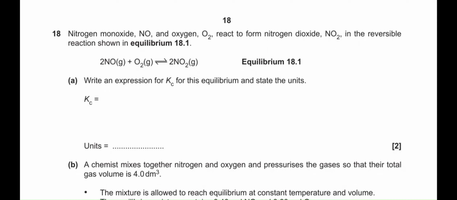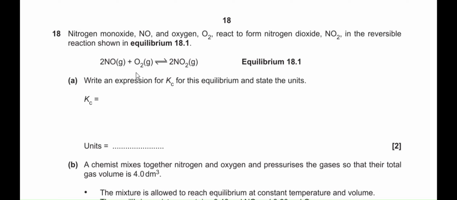Question 18. Nitrogen monoxide NO and oxygen react to form nitrogen dioxide in the reversible reaction shown in equilibrium 18.1. 2NO gaseous plus O2 gaseous gives 2NO2 gaseous. Question. Write an expression for Kc in this equilibrium and state the units.